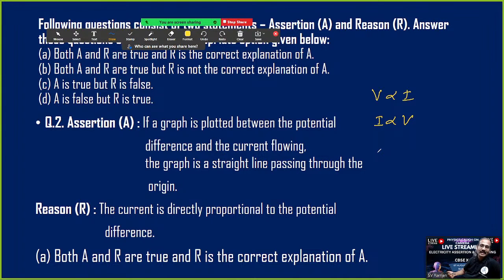Which one is right for you? Let's say this is point A and this is point B. Which point is exactly perfect as per Ohm's law? Which one is the fact?